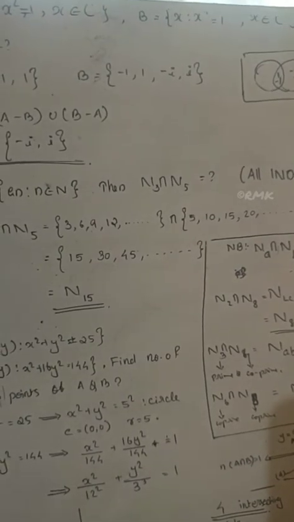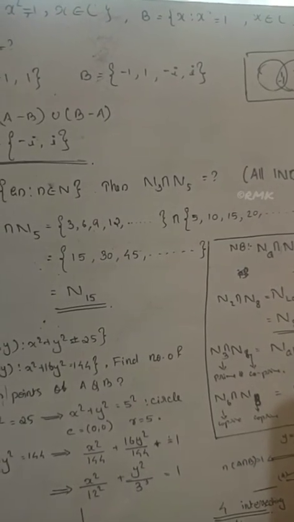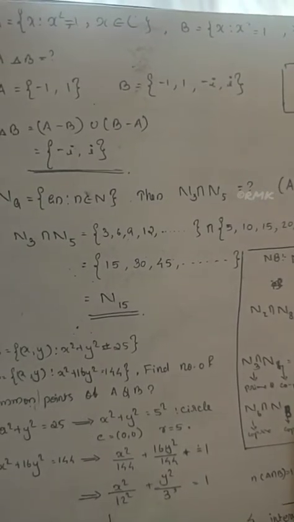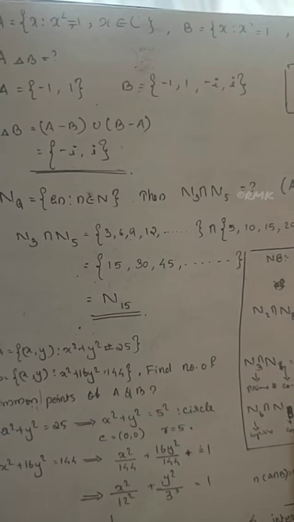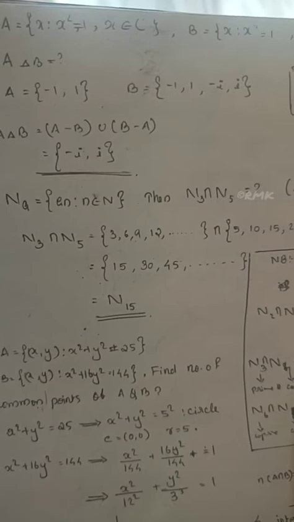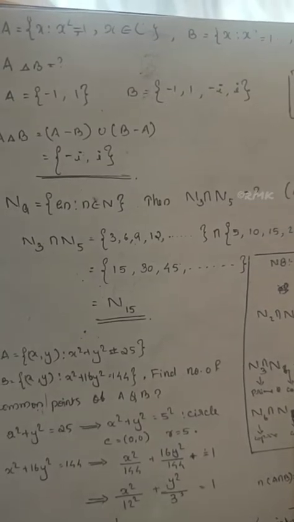A minus B is null set, because minus 1 and 1 are contained in both the sets A and B. So A minus B is clearly null set.